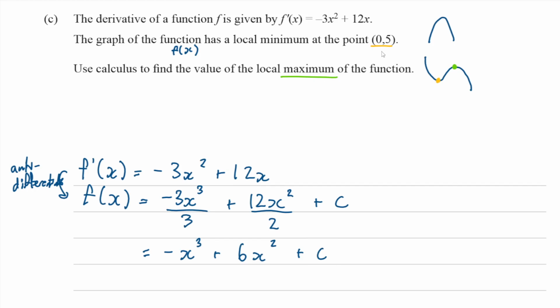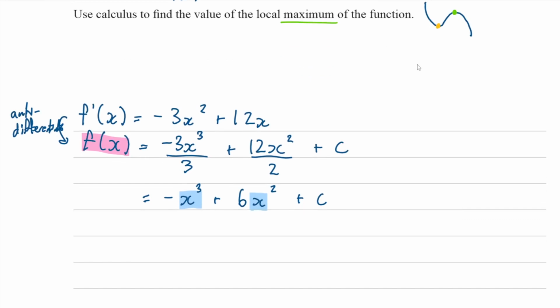Cool. So we're halfway there. We have anti-differentiated, but we have this unknown constant C. To solve for C, we need to substitute in an x and a y value. So in for x will go 0, in for y, or f of x, will go 5.